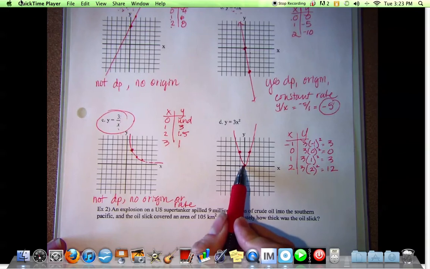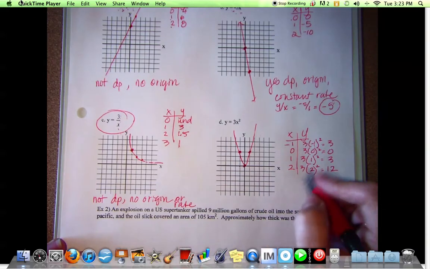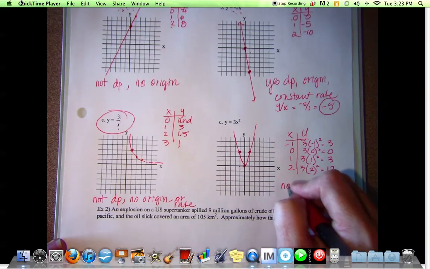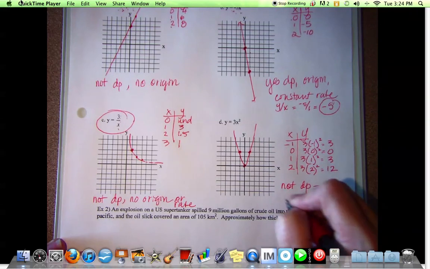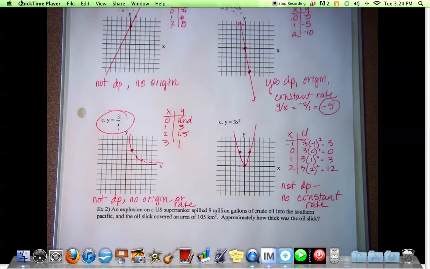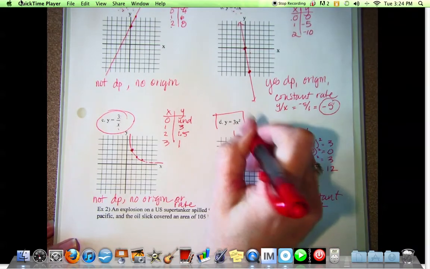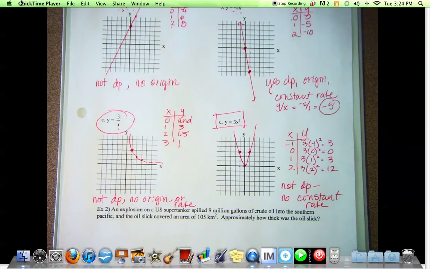Well, it goes through the origin, but it's not giving us a straight line, so it doesn't have a constant rate. So not directly proportional, no constant rate. So keep in the back of your mind that an equation that looks like this with the x squared is not directly proportional.